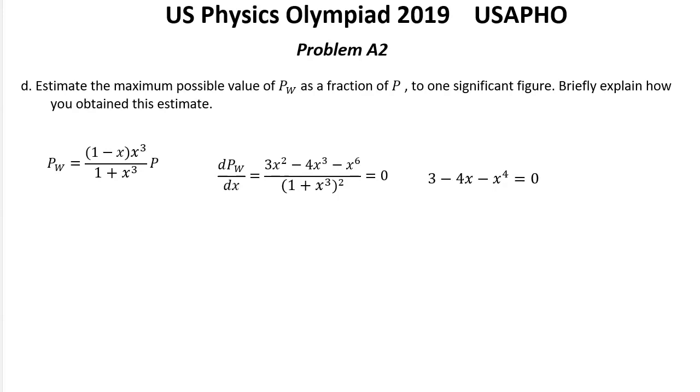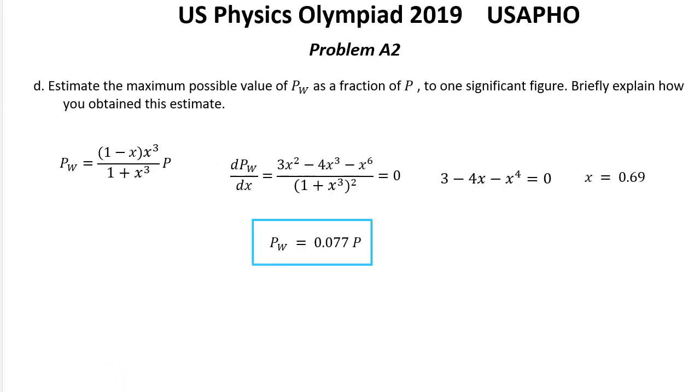The approximate root will be for x equal to 0.69. For that x we have power Pw approximately equal to 0.077 P. That was the solution for question D, and that was the full solution for problem A2.